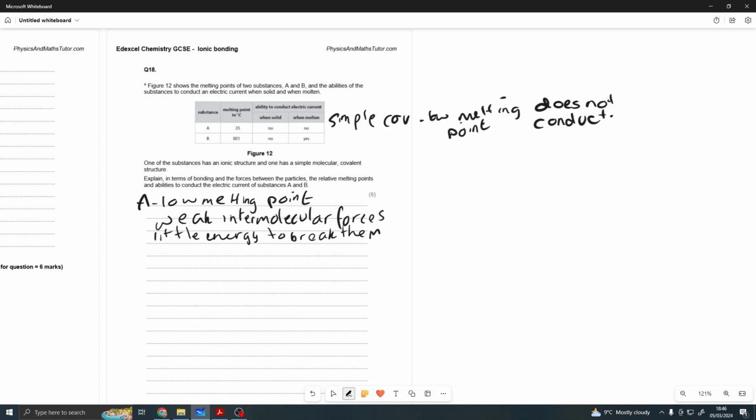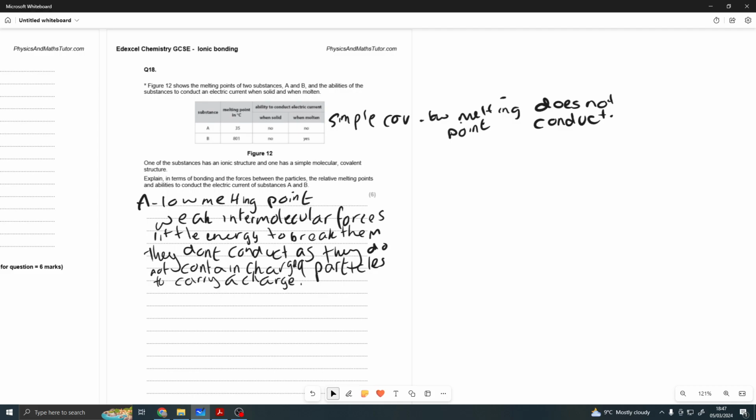Now, why don't they conduct? They don't conduct as they do not contain charged particles to carry a charge. That's A. Now that's roughly 50% of it.